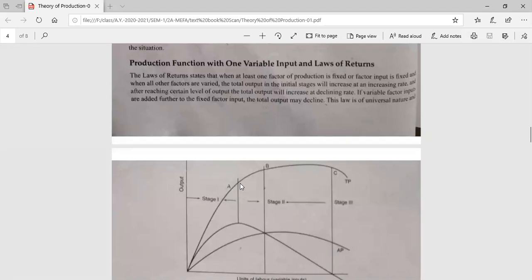For every one increase there will be 100 units of output increase. But later, if you further increase the labor, it will be at a declining rate. For example, after reaching 4 labor, it will be around 400. You further increase the labor to 5.